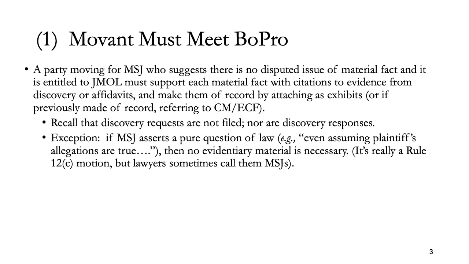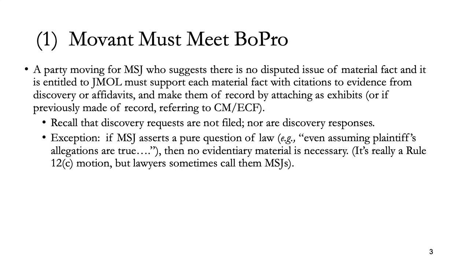First of all, the moving party has this burden of production, and I want to make sure again we understand how this works in the real world, and we'll drill down on some of it when we go through Celotex. The party moving for summary judgment who suggests, that's the language from old Rule 56, but lawyers still use it, there's no disputed issue of material fact, and it is entitled to judgment as a matter of law.